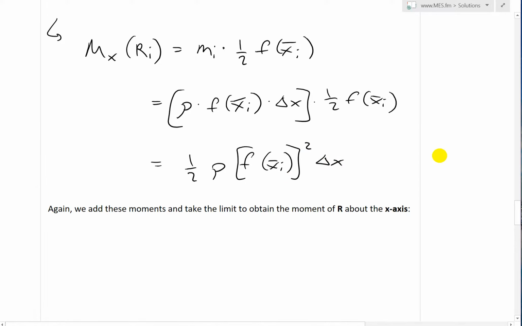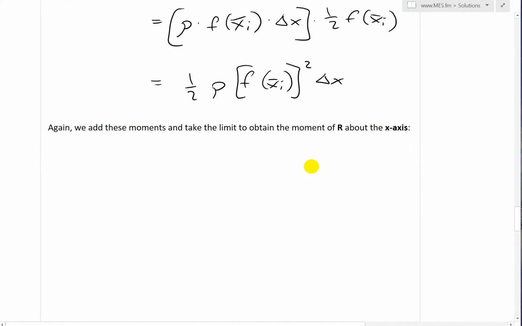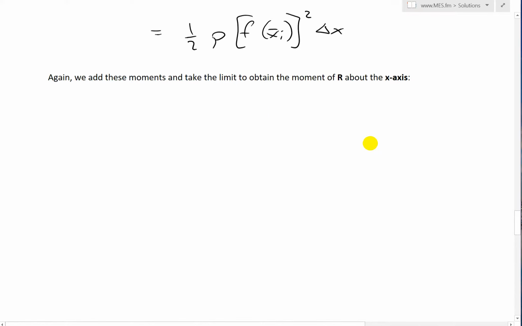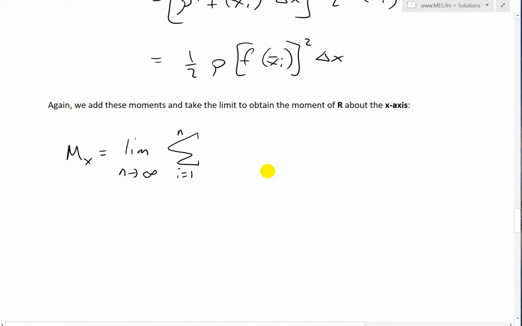And again, likewise, we can just add these moments using the third and second principles illustrated above, and then take the limit to obtain the moment of R about the x-axis. So the total moment Mx about the x-axis is equal to the limit as n approaches infinity of the summation from i equals 1 up to n of Mx of the Ri region.